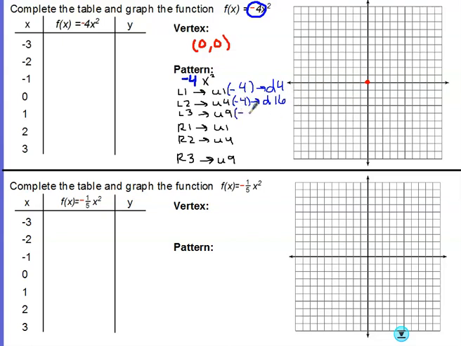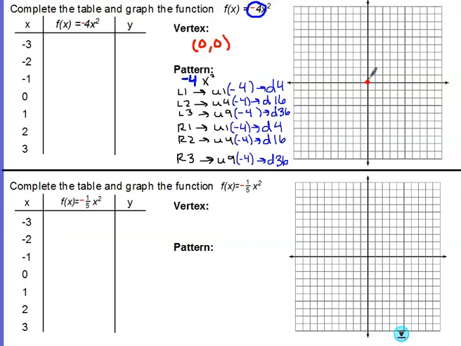Multiplying by a negative, my up becomes down, and multiplying by 4, 9 times 4 is 36. Multiplying by negative 4, up becomes down, and 1 times 4 is 4. Multiplying by negative 4, my up becomes down, and 4 times 4 is 16. Multiplying by negative 4, my up becomes down, and 9 times 4 is 36.